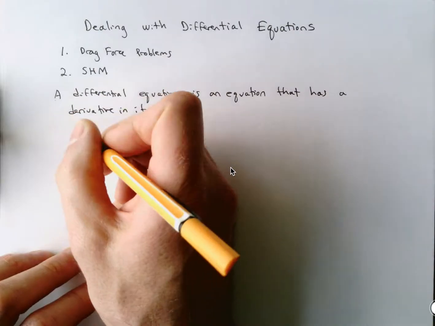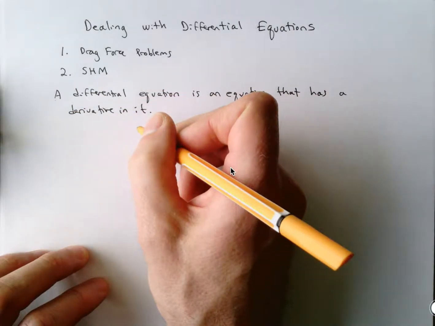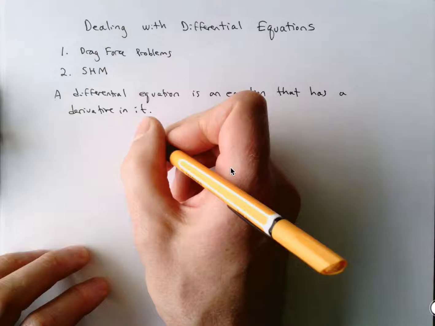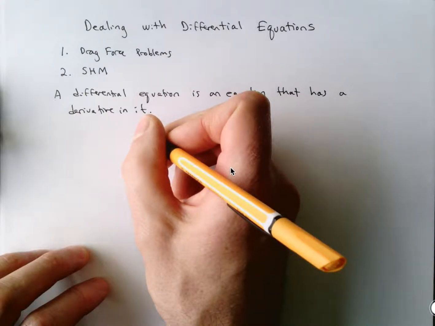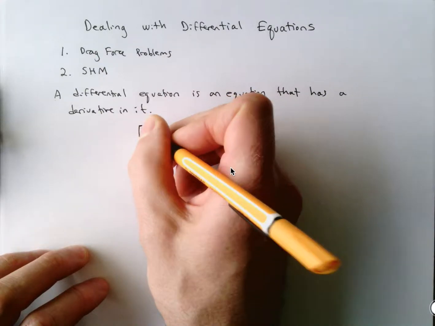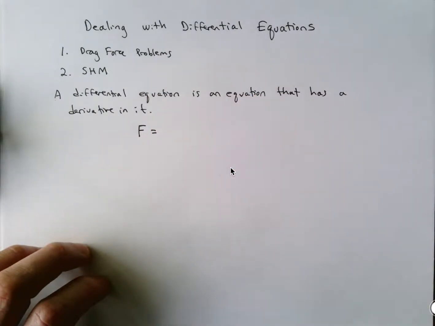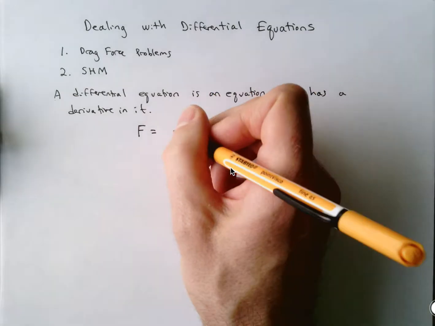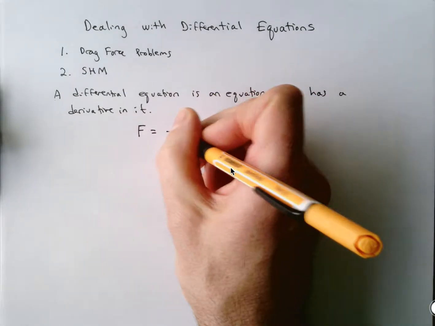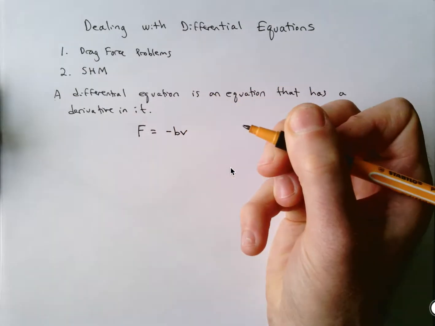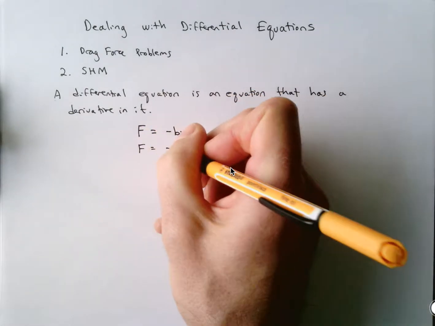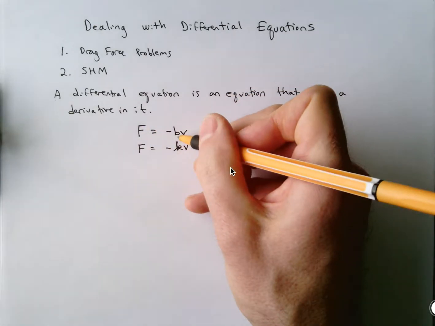So, we did talk a little bit about drag force, that when something is moving through the air, it will experience a force in the opposite direction that it's moving. And if you get a question about drag force, they will usually give you a formula for the drag force. Typically it's something like F equals negative bv. Sometimes they'll say F equals negative kv. Really doesn't matter what they use for that constant.